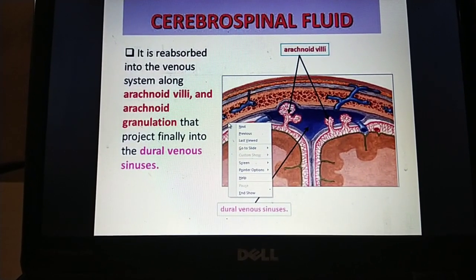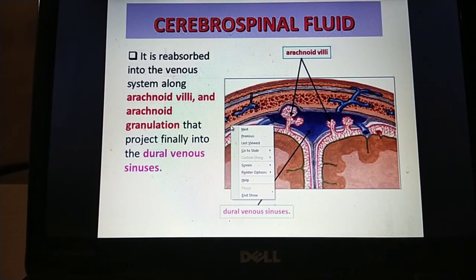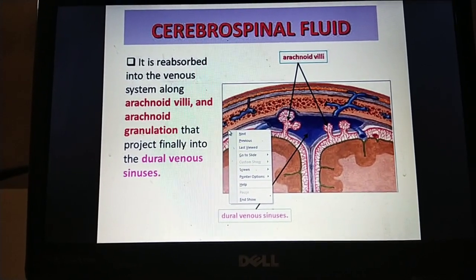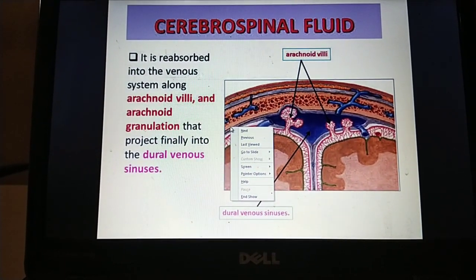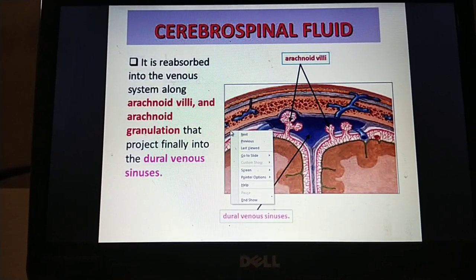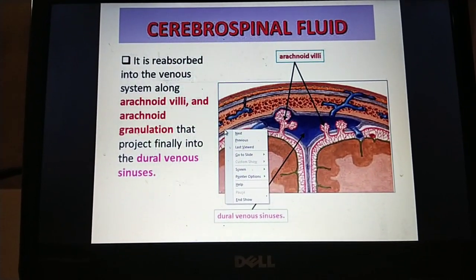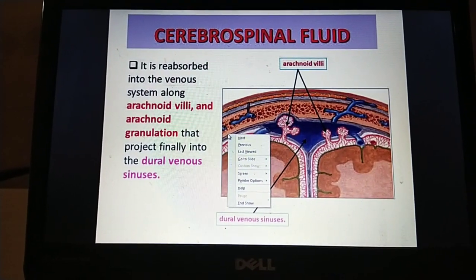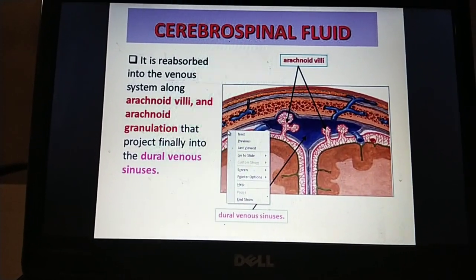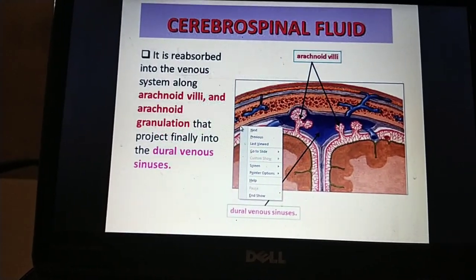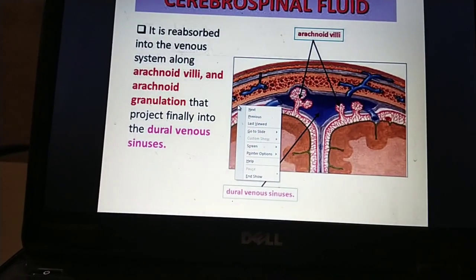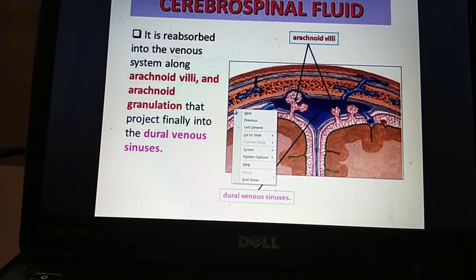In some cases, studying the composition and pressure of the spinal fluid is very necessary. In meningitis or hydrocephalus, there is improper absorption of the cerebrospinal fluid. In hydrocephalus, dilation of the ventricles occurs. This is very important.